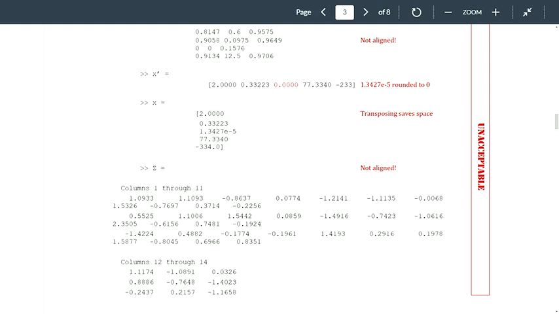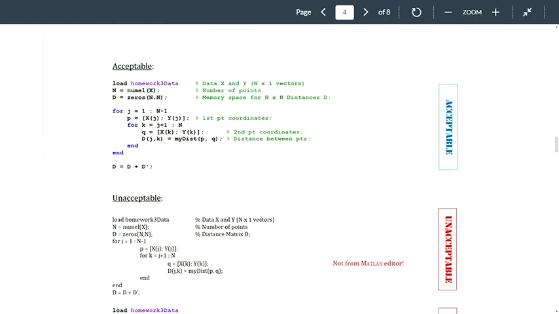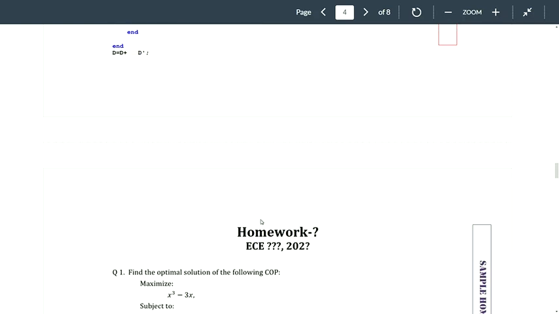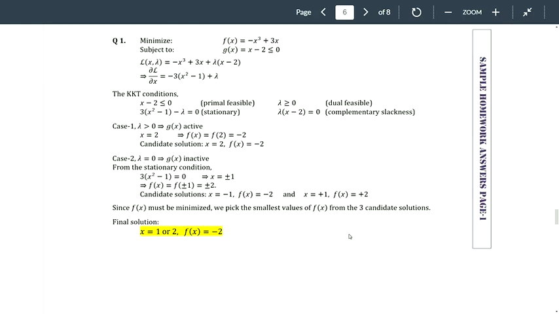I wouldn't, right? In cases like this, in this course, it's the death penalty. No, but you know what I mean. Okay, so these are examples of acceptable and unacceptable. Just go through it.